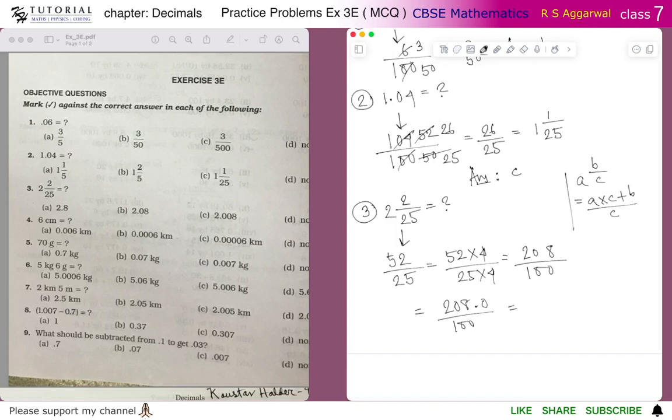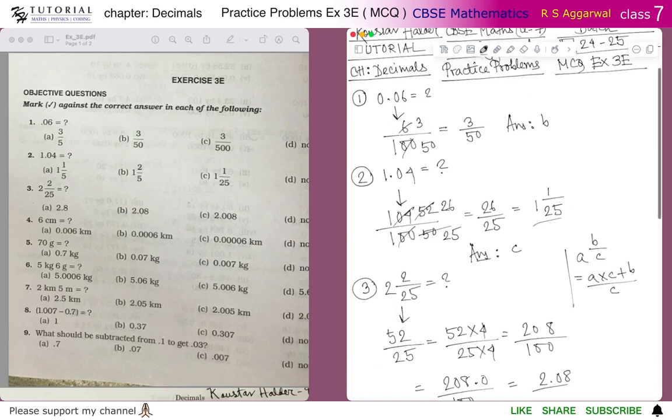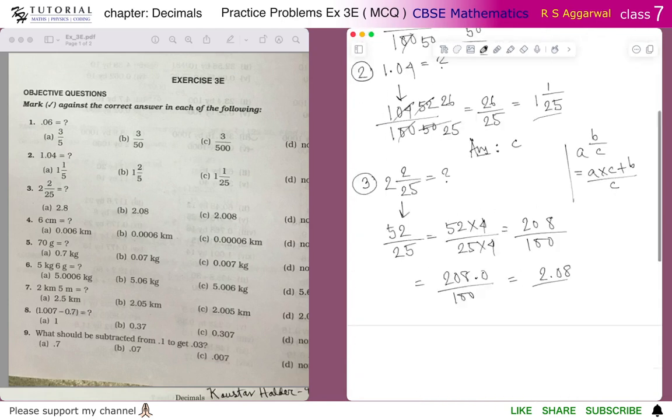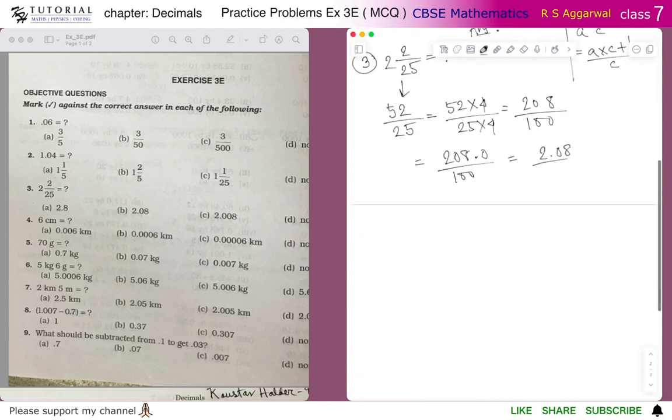We just move the decimal point 2 places to the left, because the denominator is 100. So this becomes 2.08. So this is the answer, and the choice will be B.